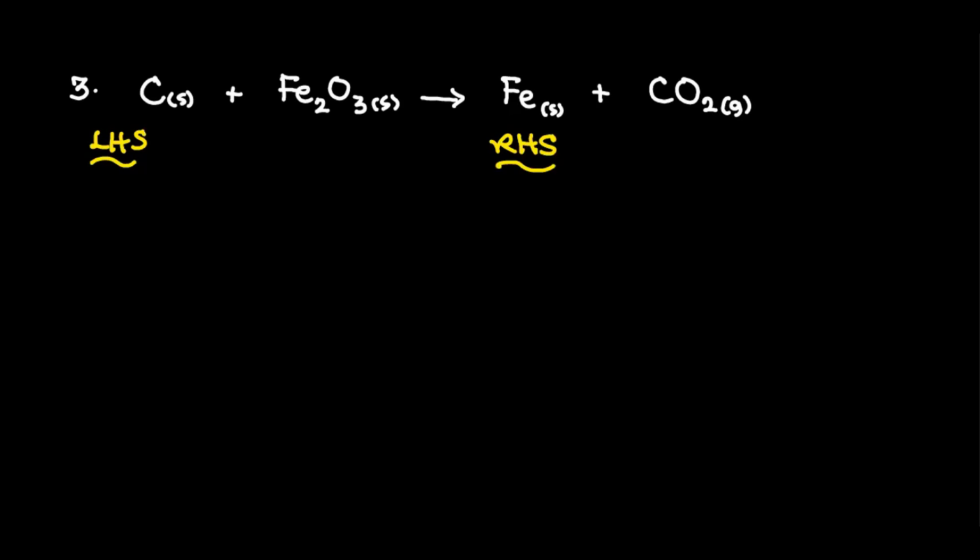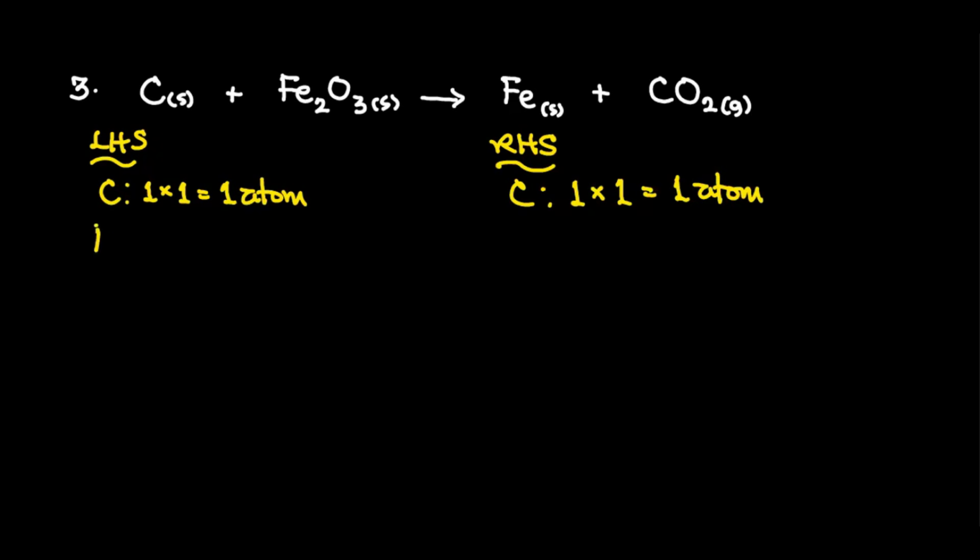All right. So carbon on the left hand side is 1 times 1. That gives us 1 atom. While carbon on the right hand side is 1 times 1. That gives us 1 atom too. Okay.